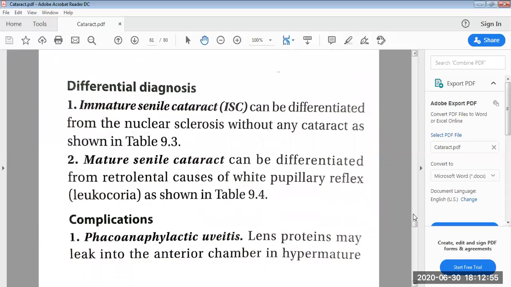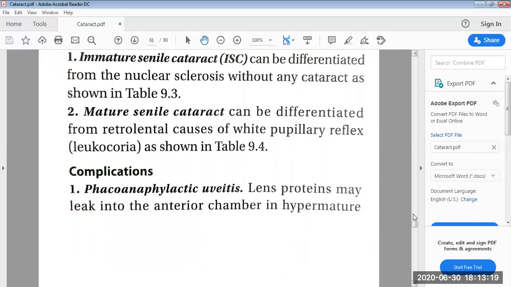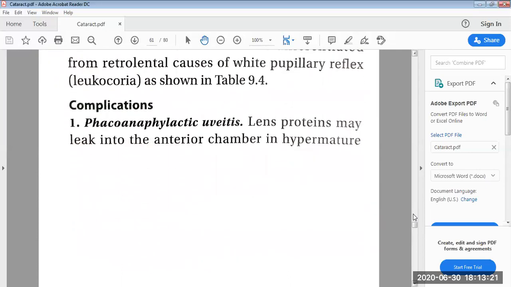First is the immature senile cataract can be differentiated from the nuclear sclerosis without any cataract. Second is the mature senile cataract can be differentiated from the other causes of white pupillary reflex, leukoporia. Then complications. First is the phacoanaphylactic uveitis.